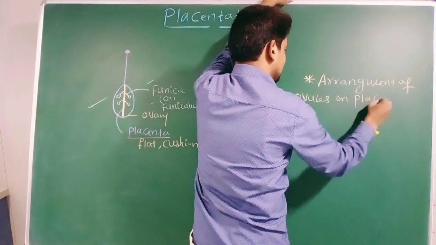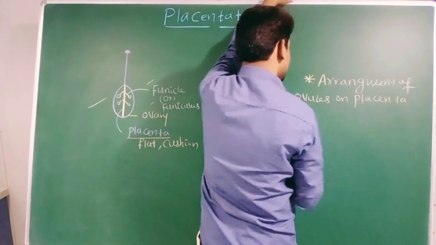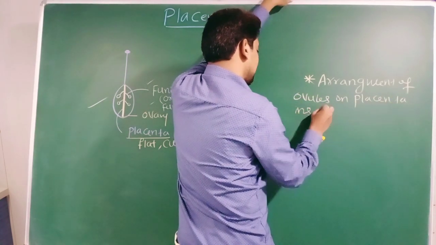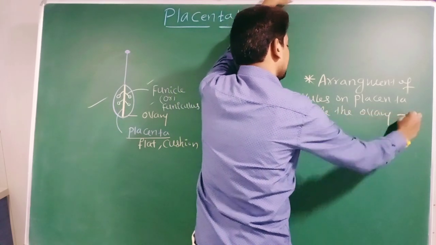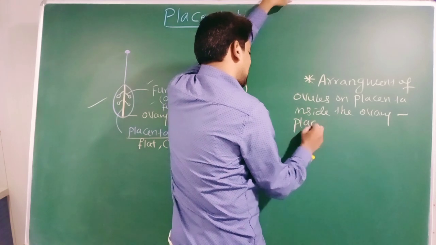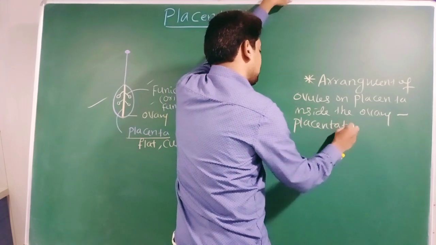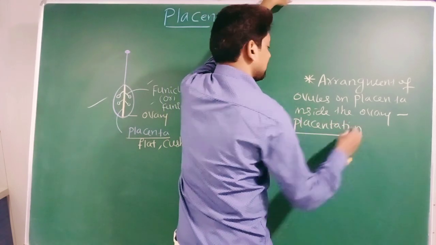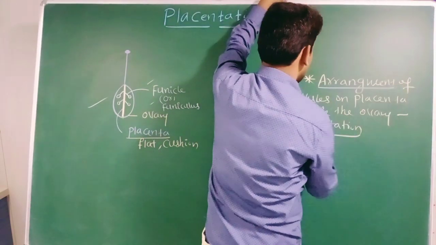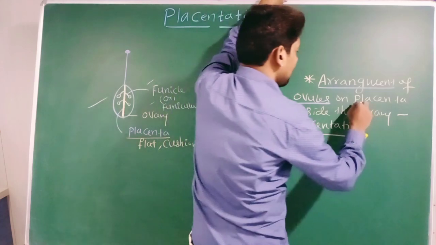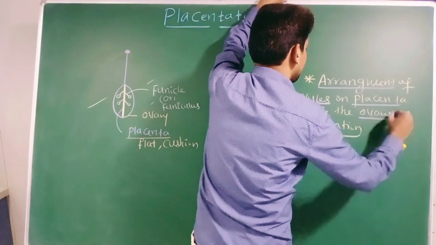On the placenta. Where is this placenta present? Inside the ovary. It is called placentation.